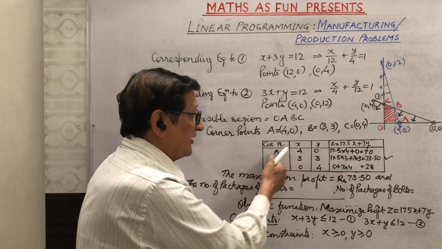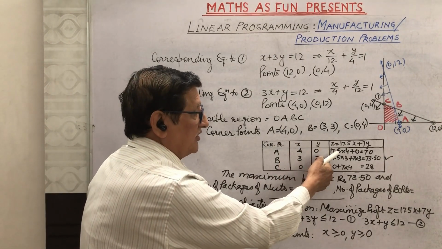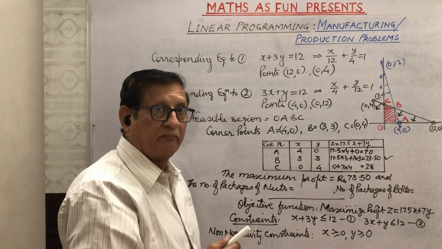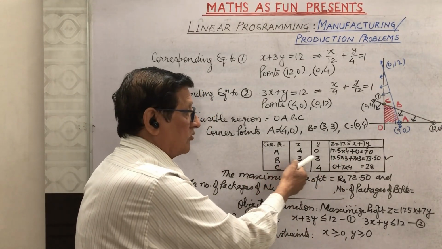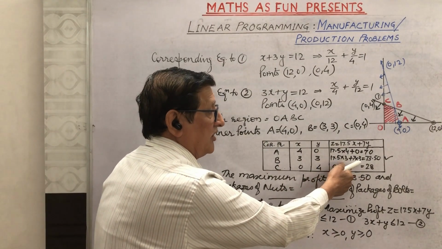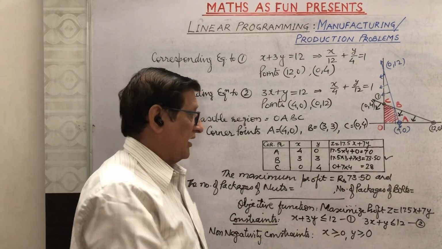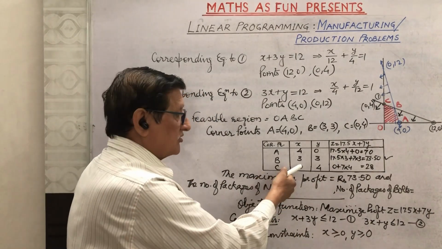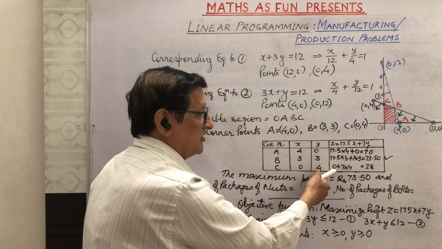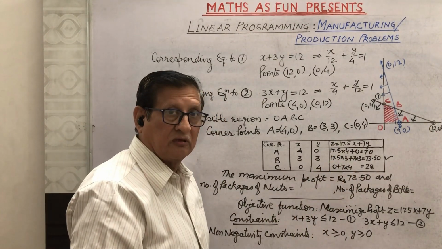At point A, x is 4 and y is 0, so the value of Z becomes 17.5 into 4 plus 0, that is 70. At B, it is (3, 3), so 17.5 into 3 plus 7 into 3 comes equal to 73.50. And at C, (0, 4), this is 0 into 17.5, which is 0, plus 7 into 4, so the sum is 28.